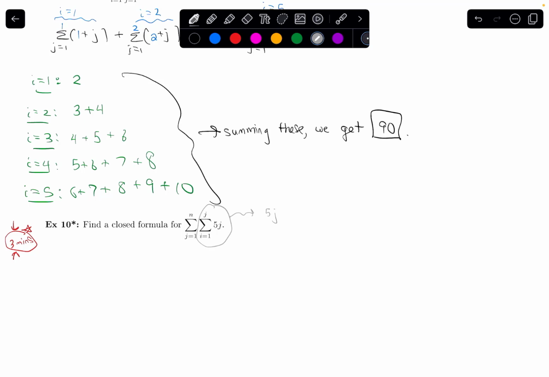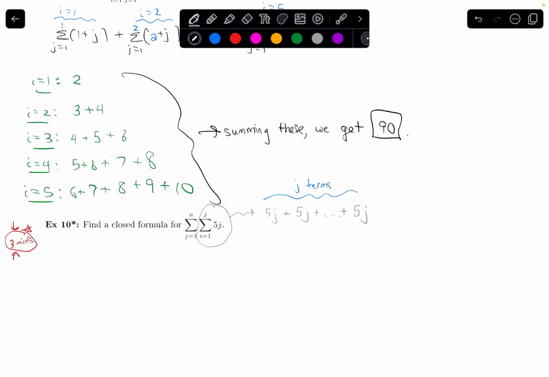And then I plug in 2 for i, but I still get 5j because there's no i to plug into. I keep doing that, and each time I plug in a different value of i, I still just get 5j each time. So how many terms are there? Well, I started by plugging in 1 for i until I reach j. So that means there are j terms here. So we're adding 5j plus j times.